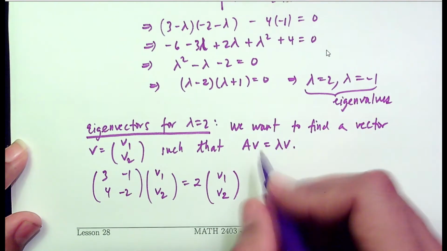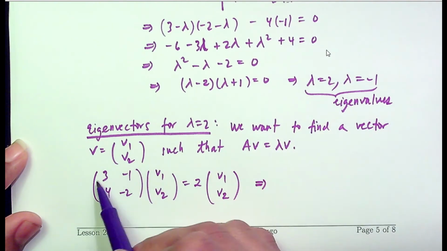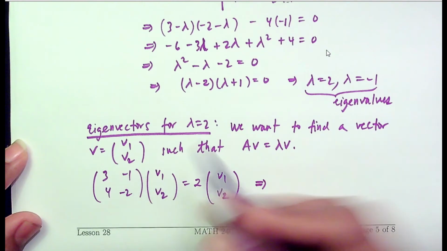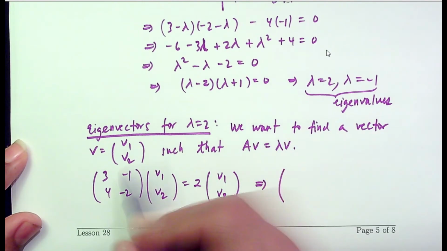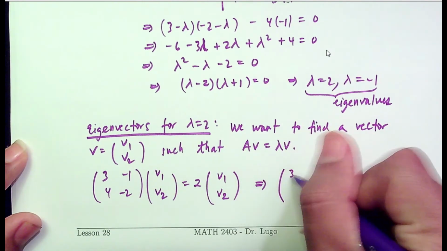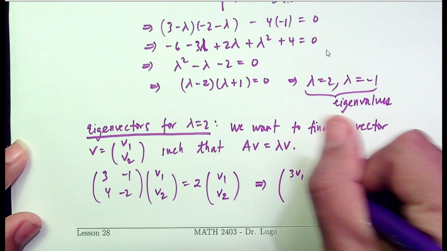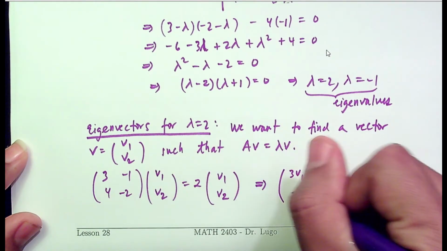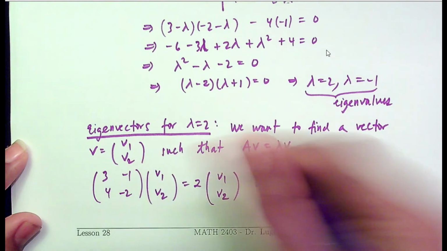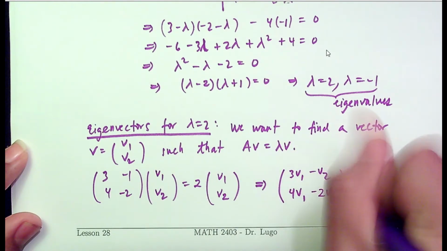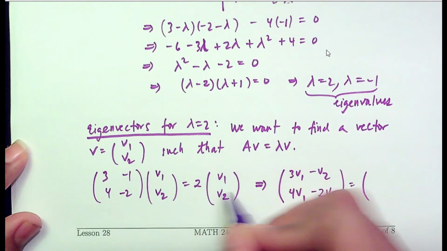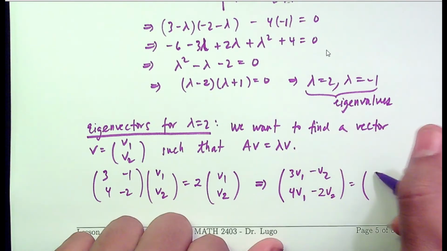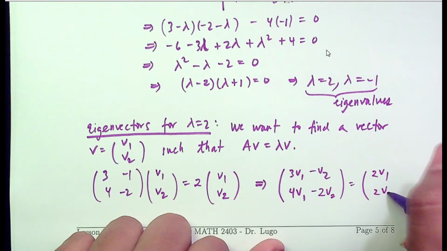Then you multiply this matrix by that vector. So what do you get? You get 3v1 minus v2, 4v1 minus 2v2, equals, and then multiply here, you're going to get 2v1, 2v2.